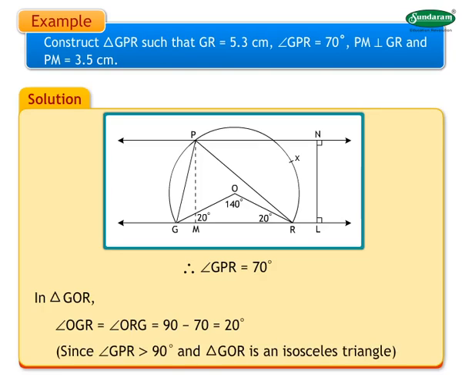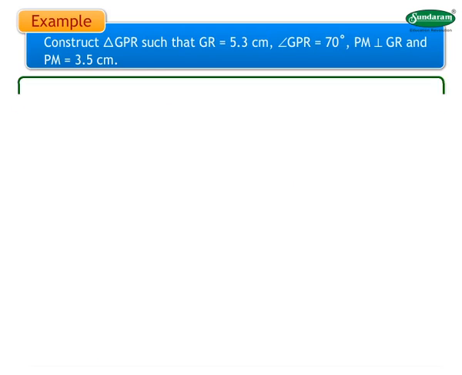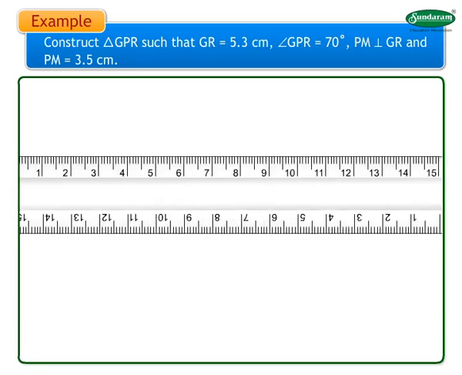We know how to construct angle GPR subtended by chord GR. To fix up the point P on the arc GPR, draw a line parallel to GR at a distance 3.5 centimeters from segment GR on X side. Now let's look at the construction.